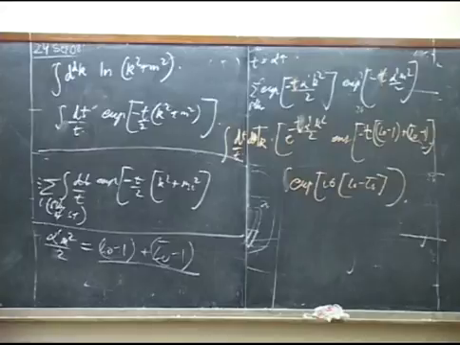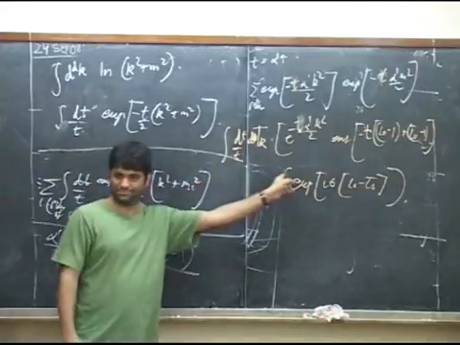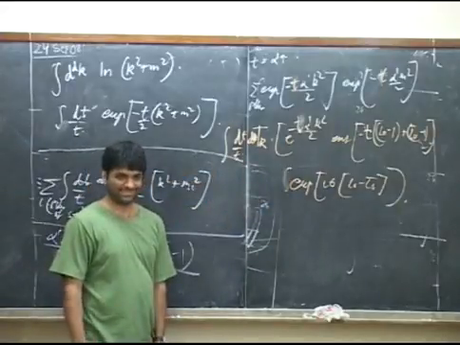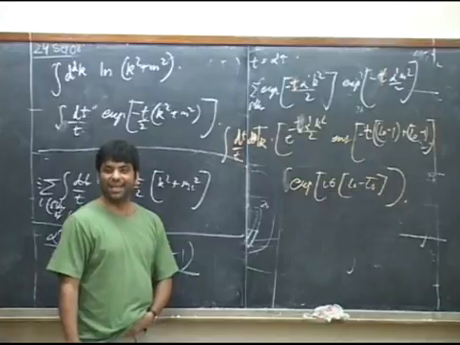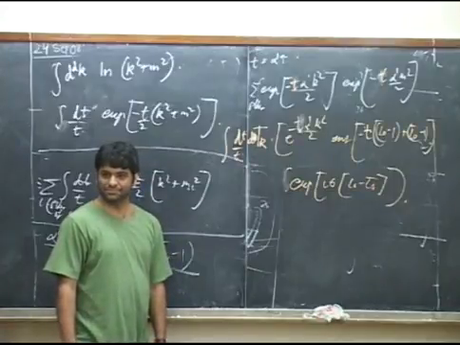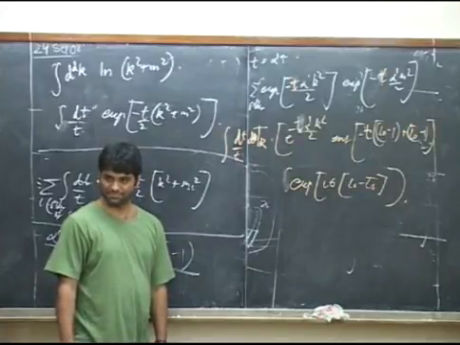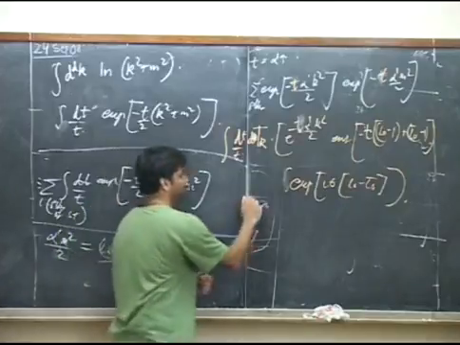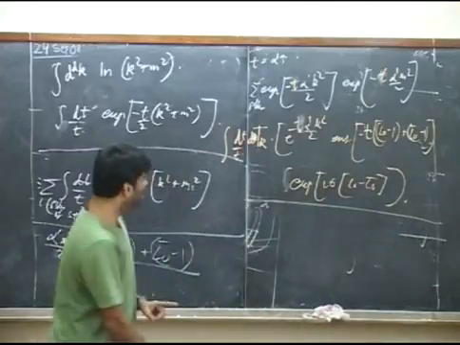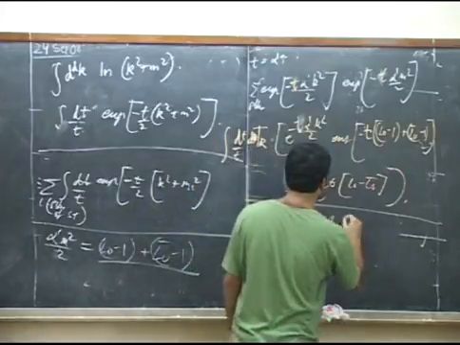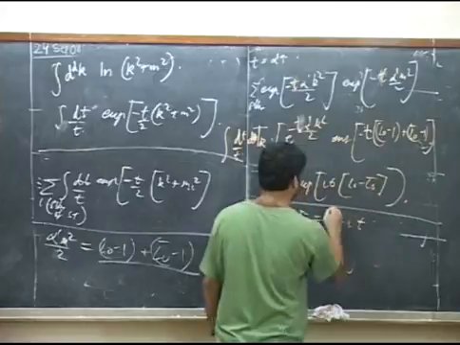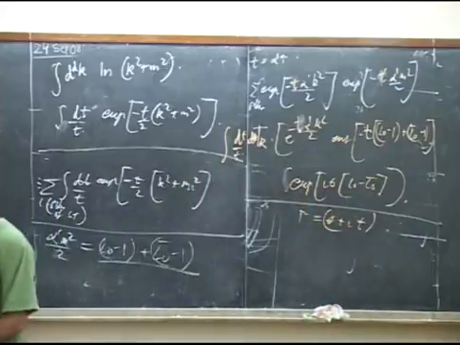Now this is exactly what it is. Is this clear? Okay? Now let's define a new variable, tau, which is equal to theta plus i times t.